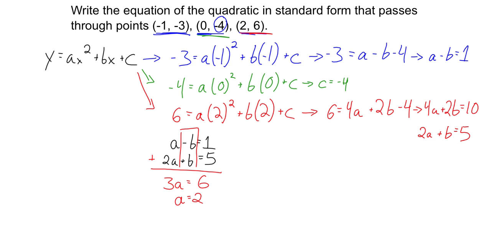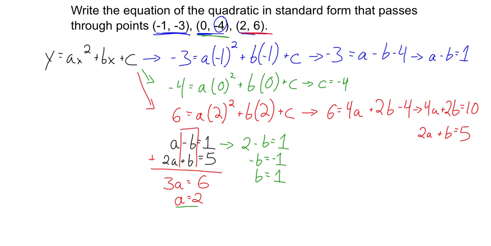Knowing that a is equal to 2, I can plug this back into one of these equations with 2 variables. I will choose my first one. So I will say a minus b is equal to 1, 2 minus b is equal to 1, or negative b is equal to -1, or b is equal to +1.